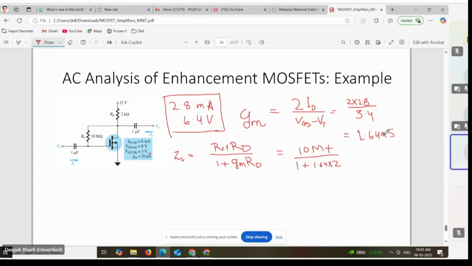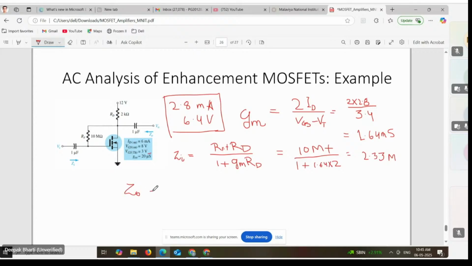It will be 2.33 mega ohm. Okay, so 2.33 mega ohm will be its input impedance.